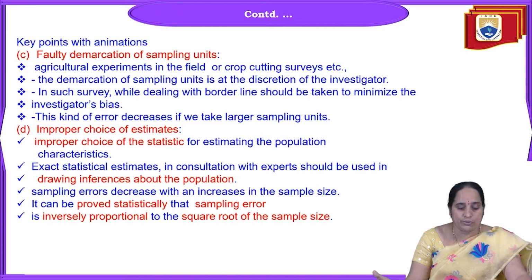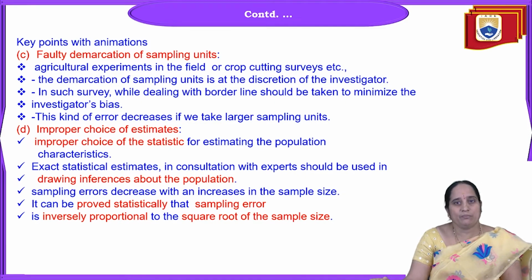All these things we consider, and we choose the statistical estimates in consultation with experts. That should lead to appropriate results whenever you draw statistical inferences related to the selected population.